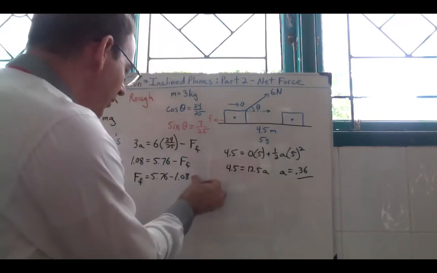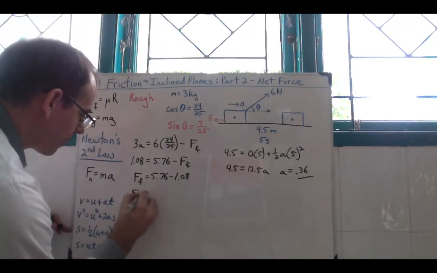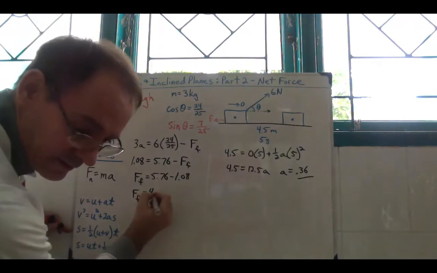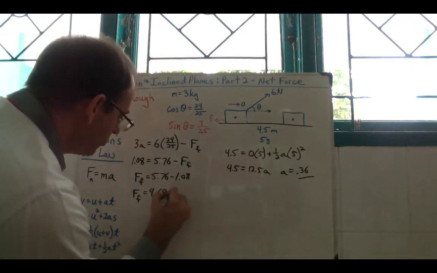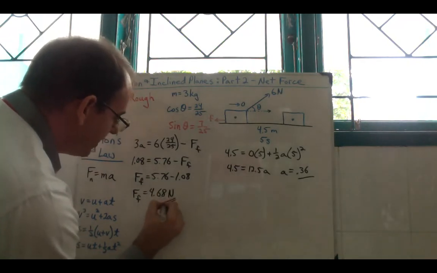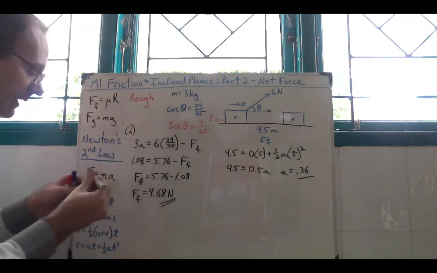So our force due to friction is 4.68 newtons. So that is our final answer for part I.